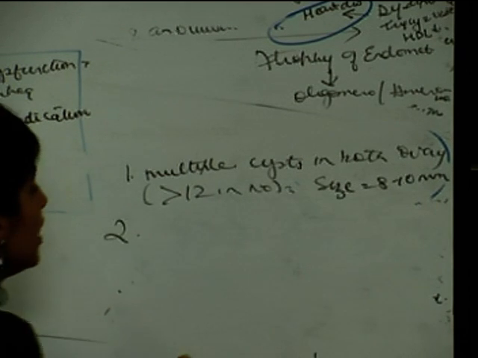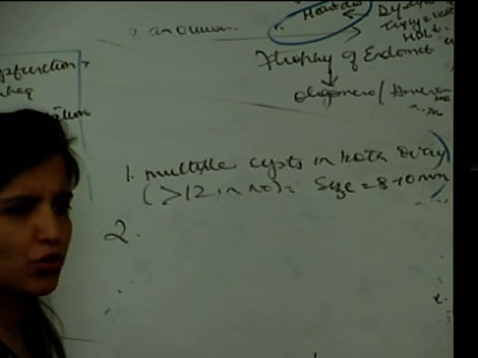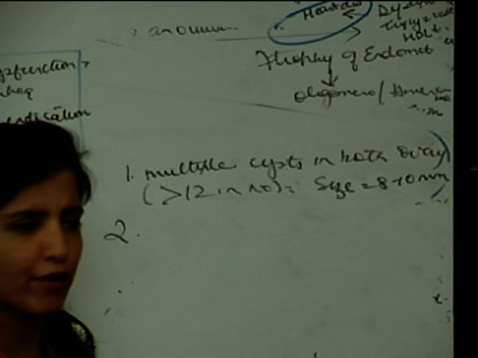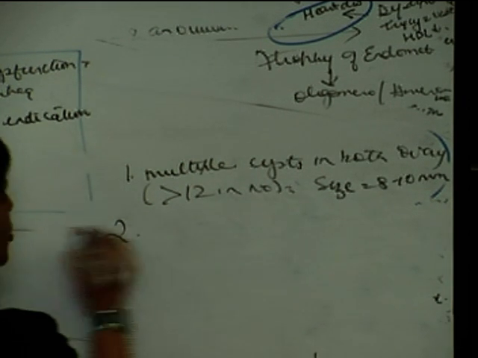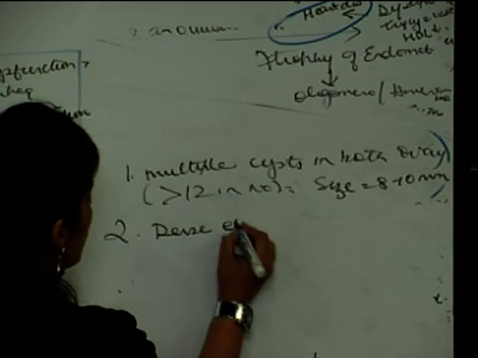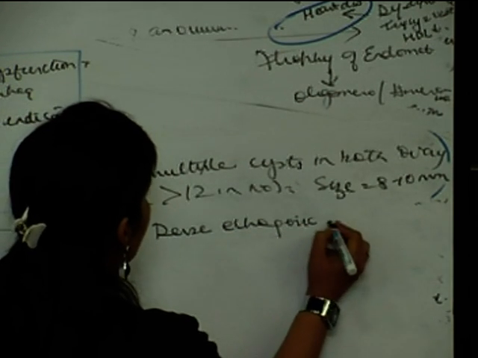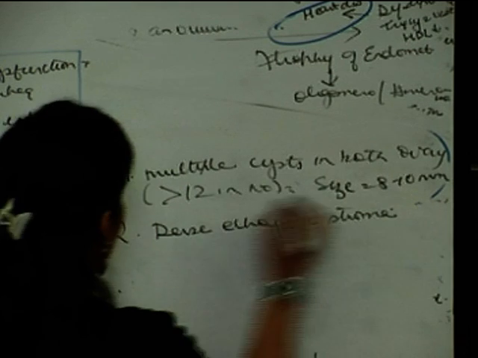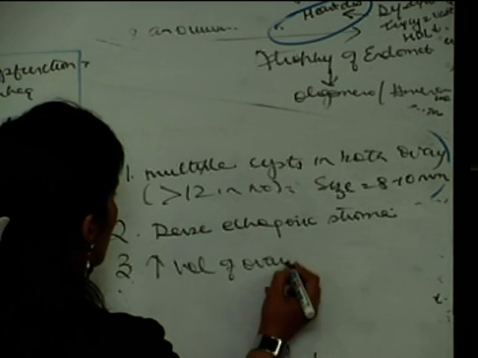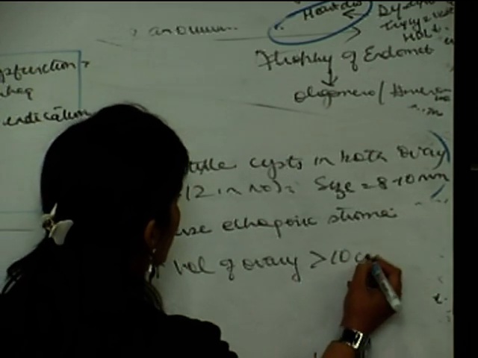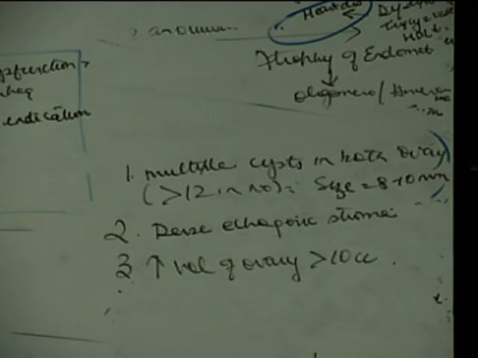These cysts, as I told you, are generally arranged around the periphery of the ovary, giving it a necklace appearance. Number two is dense echogenic stroma of the ovary. And number three, increase in the volume of the ovary, that is, it should be more than 10 cc. So these are the ultrasonographic criteria for PCOD.